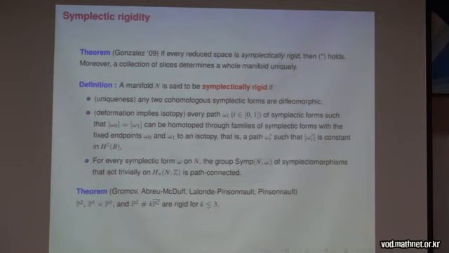Okay. So you just memorize those five spaces are symplectically rigid, and whenever the reduced space is symplectically rigid, then we only need to compute their cohomology class to classify the slices.